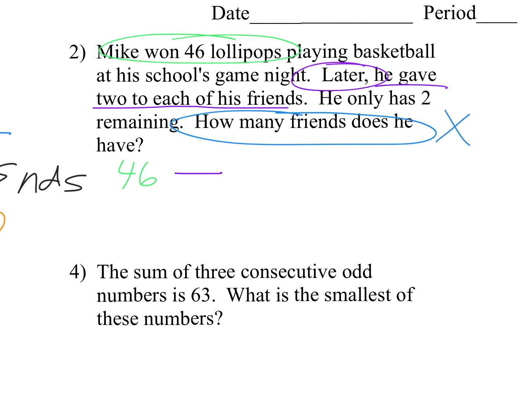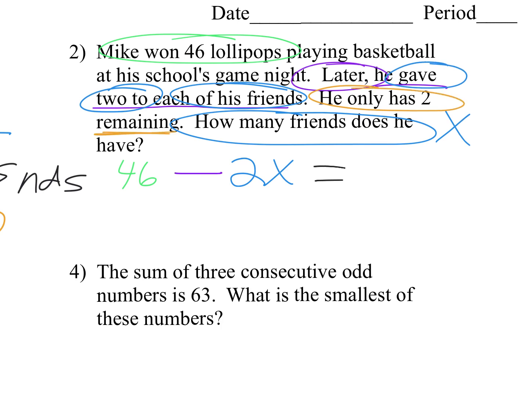That's our unknown. So that's going to be x. And he gave 2 to each of his friends. So that means he started out with 46, so we're going to take away 2 per friend. And finally, where does it end? He only has 2 remaining. So that is going to be equal to 2.